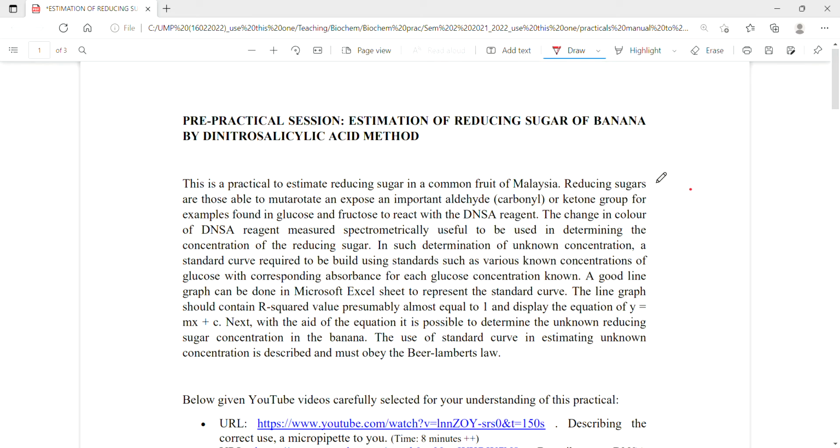So in this practical, we are going to learn about estimating the sugar concentration, or rather the reducing sugar, in the banana.